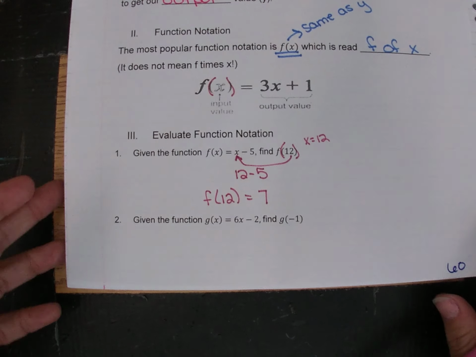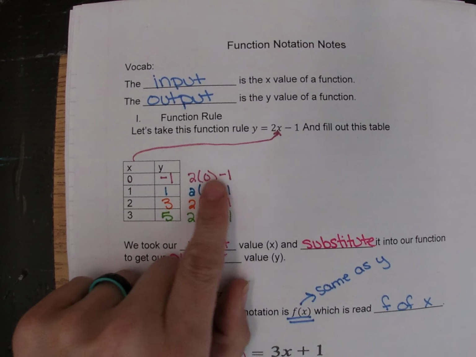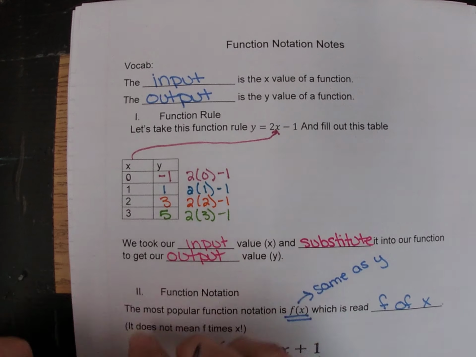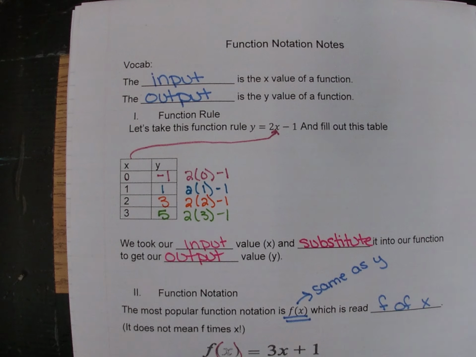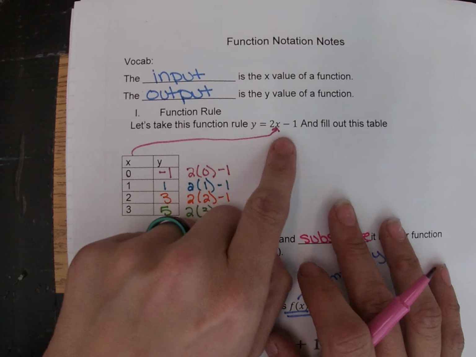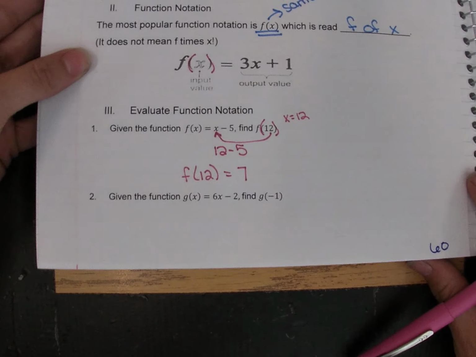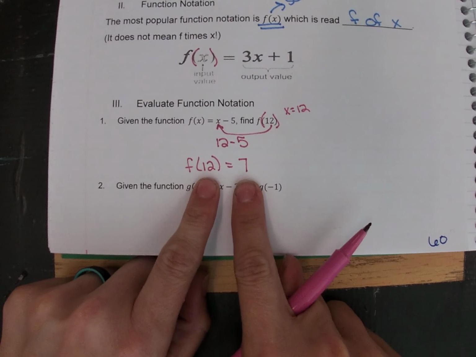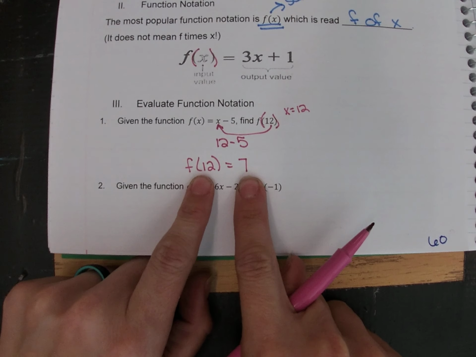The reason why this is the first class version is because up here, when I had my output values, unless I'm writing this in a table or as ordered pairs, there's no way for you to see your x and y sitting right next to each other. A function rule doesn't give us that option. But if we're in function notation, we can tell that this is the ordered pair 12, 7.